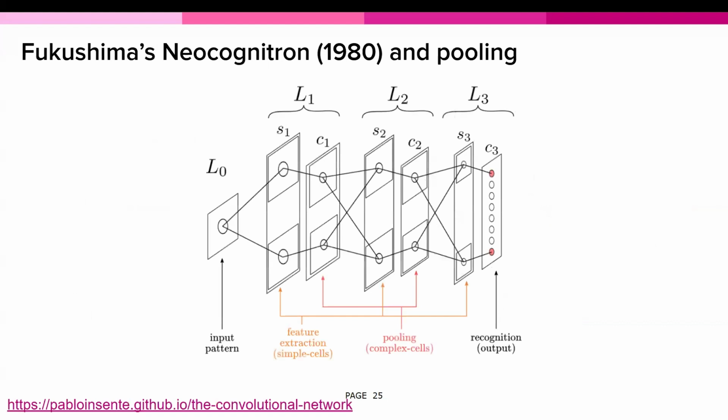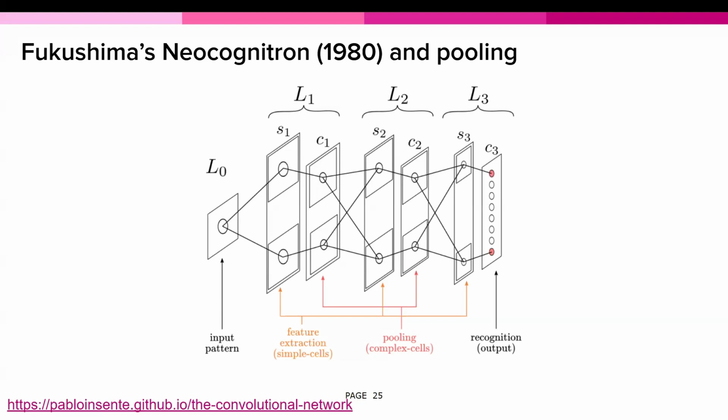The computational capabilities of a system that connected simple cells and complex cells in this way were explored and formalized by Kunihiko Fukushima in 1980. Fukushima's neocognitron was one of the earliest artificial neural network models designed specifically for pattern recognition.